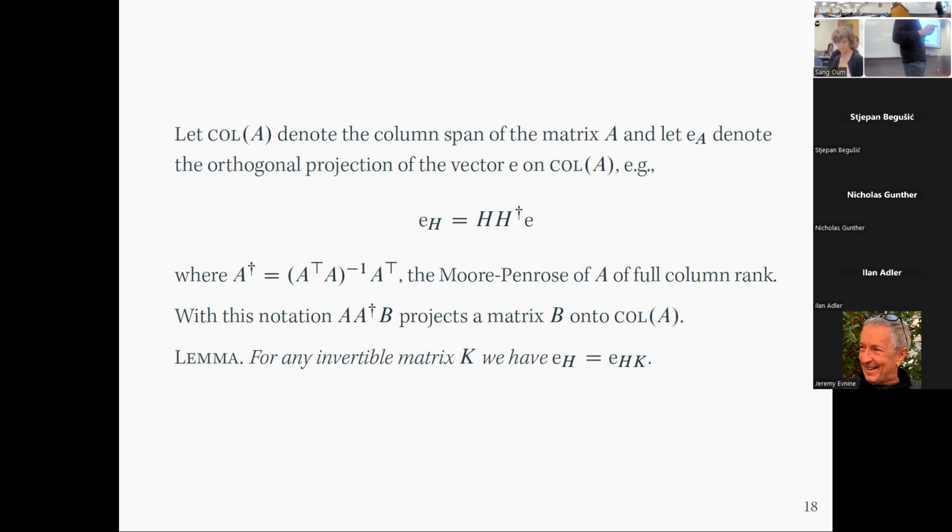This is going to play a role many, many times over when we actually try to work the math, and that's why I'm introducing it now. You're going to see it appear at the end of the talk. The way to prove it is very easy. You just plug things in and start calculating, relying on the fact that K has an inverse. Is that just a statement about change of basis? Yes, exactly.